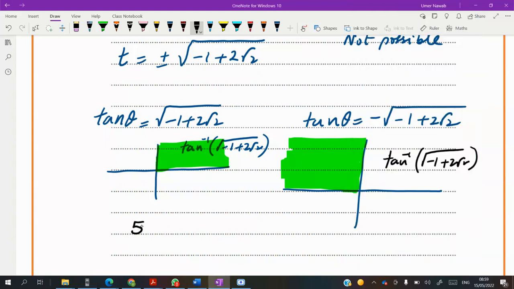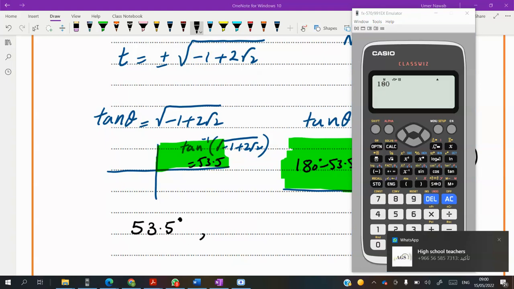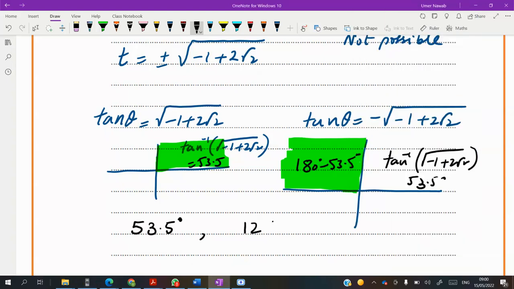So the first answer is 53.5 and the second answer is 180 minus 53.5, because you want to bring the answer here. This is 53.5. So 180 minus 53.5 is 126.5. So we got these answers.